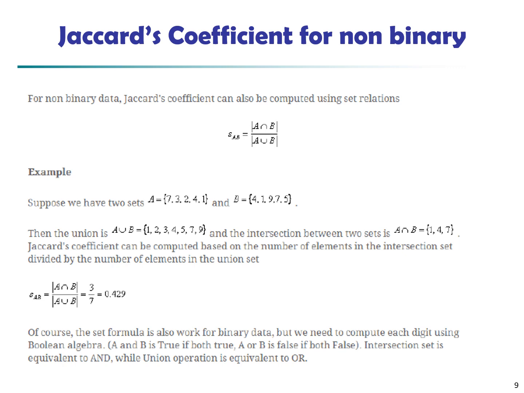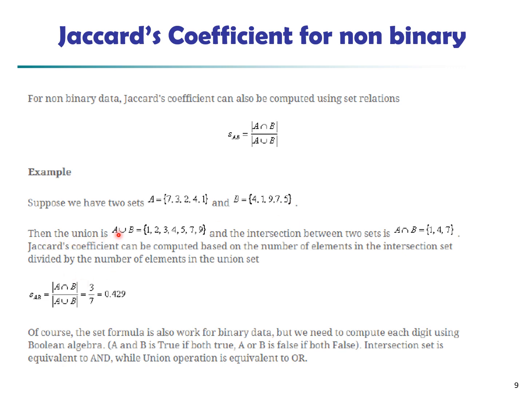Now, the Jaccard coefficient for non-binary variables uses set relations. We divide the intersection of two sets over the union of two sets. So in the example here, we have A with 5 values, and B also with 5 values.